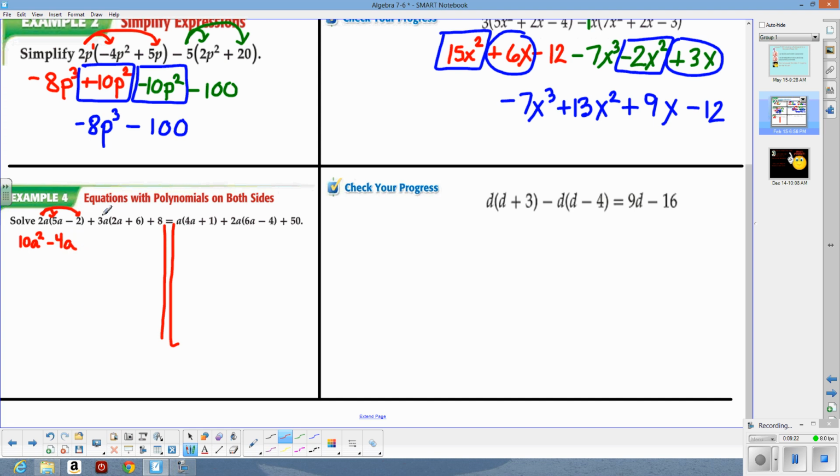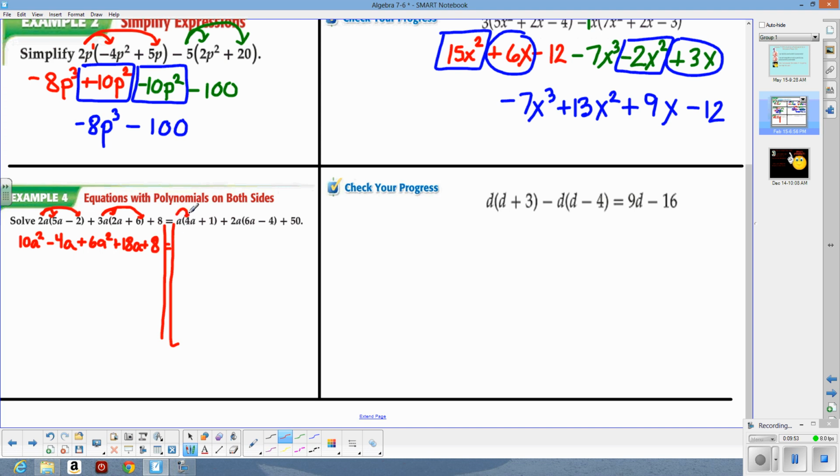Then we're going to move on to this piece. 3a times 2a, that's a positive 6a squared. 3a times positive 6, that's going to be 18a. And then this plus 8 is outside of the parentheses, so we're just going to move that down here. Now on to the other side.